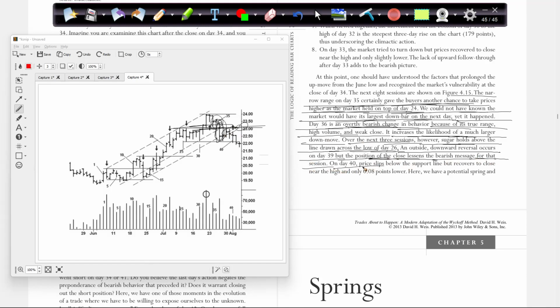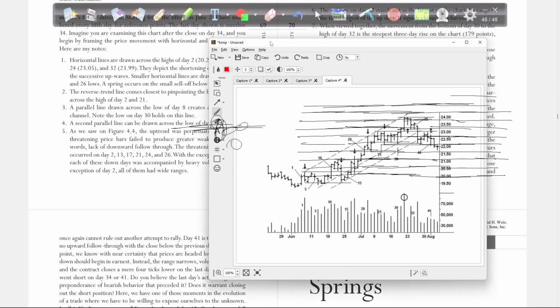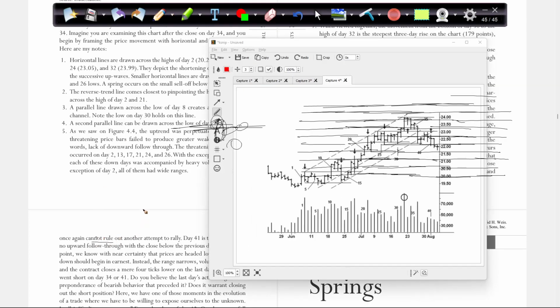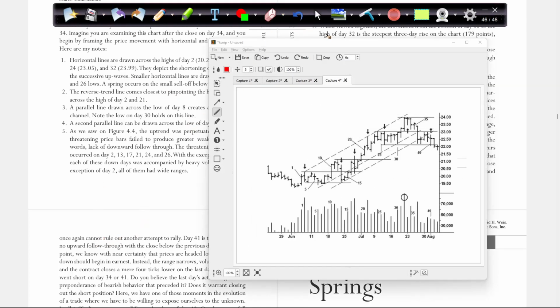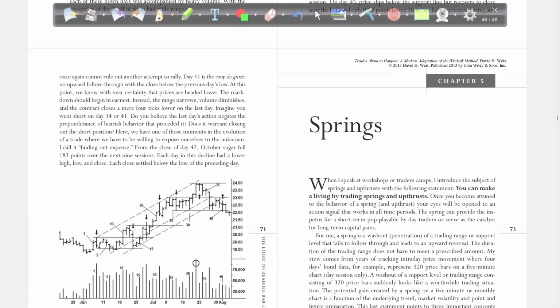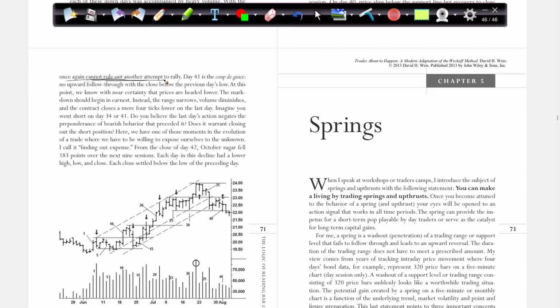On day 40, price slips below the support line but recovers to close near the high and only 0.08 points lower. Here we have a potential spring, and one cannot rule out another attempt to rally.